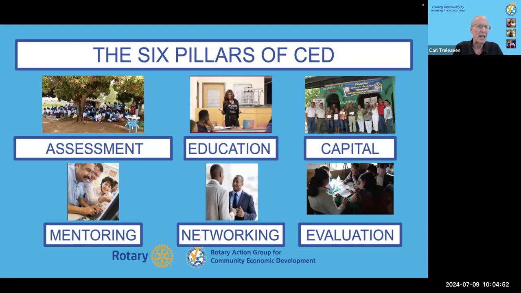Second is providing education to the participants, and you'll see in particular how education is important in microfinance today. Third is the provision of capital, then mentoring and networking, which are two things that Rotary clubs can be very effective at and are very important in this work. And finally, measurement and evaluation. Those are the 6 key things that we find common in so many of the different types of projects that we do.